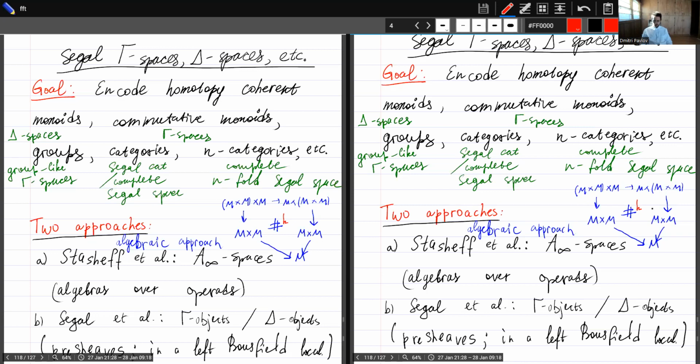So not only are you going to write down an underlying object M and a multiplication map from M times M to M, but you are also going to write down a homotopy as indicated in this diagram, and this homotopy will be part of the data.